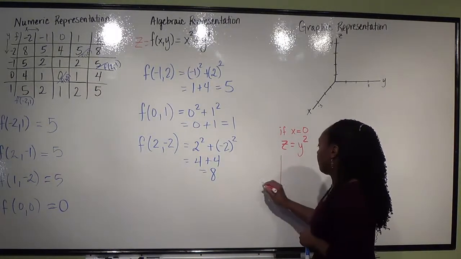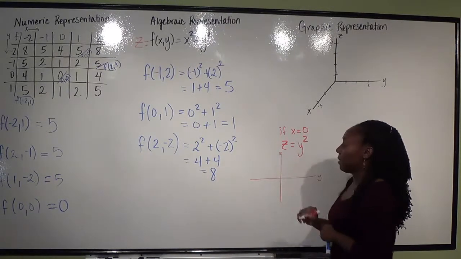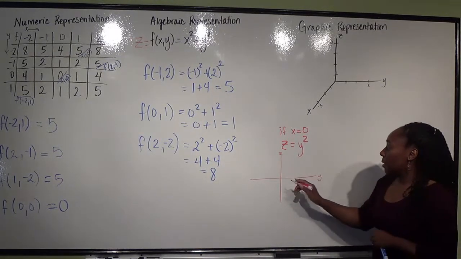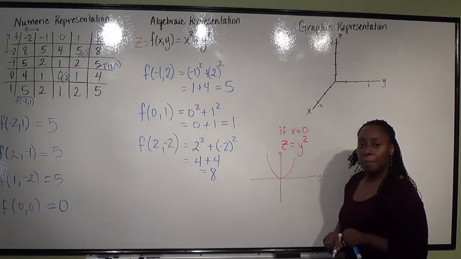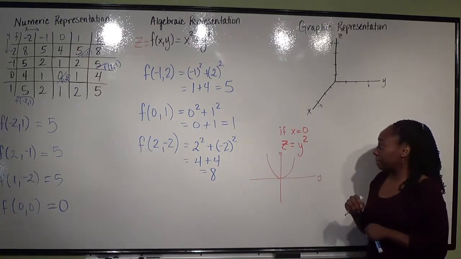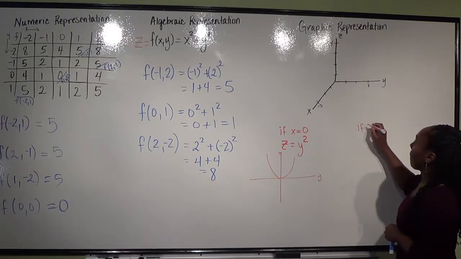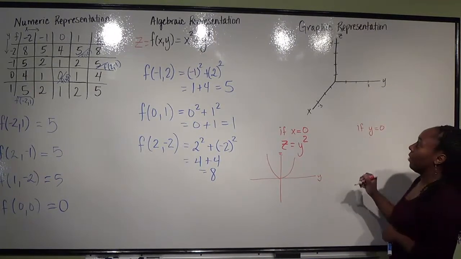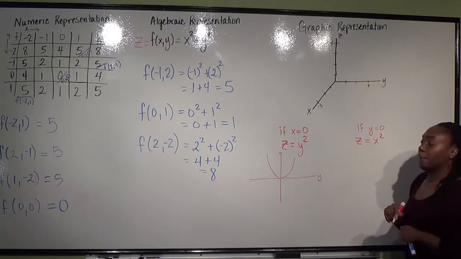If I look at the graph where this is my y-axis and this is my z-axis, then I can see that z equals y squared is just going to be a parabola opening in the positive z direction. And likewise, if y equals 0, again using my function there, I can see that z equals x squared.